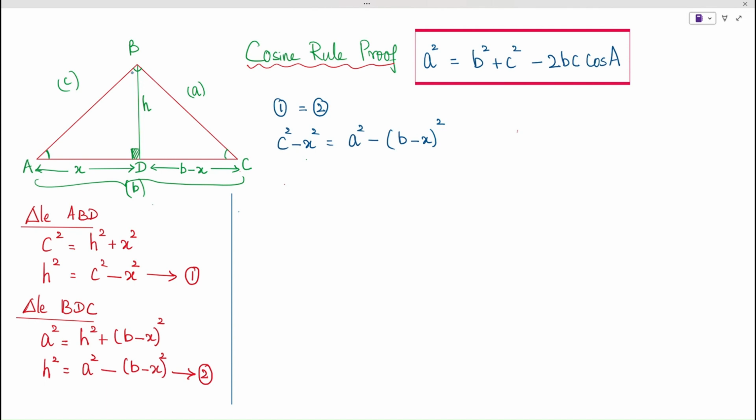And so we're going to expand (b minus x) the whole squared to get a squared minus, in brackets, b squared minus 2bx plus x squared. And this is equal to a squared minus b squared plus 2bx minus x squared. And so now we can bring back c squared minus x squared.